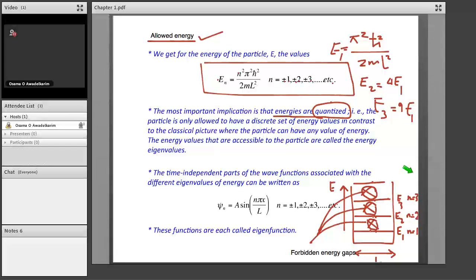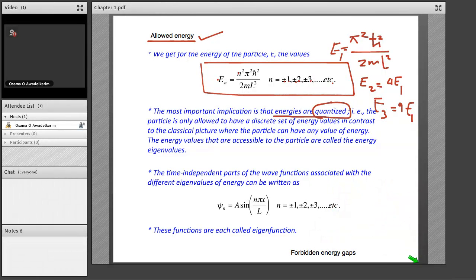Quantum mechanics says no. If there is confinement and the electron cannot leave a certain region, then you cannot have all energies. You only have a set of energies, which are called allowed energies. And in between these allowed energies, you have forbidden energies that the electrons can never have. Okay? So that's a very important conclusion, important finding.